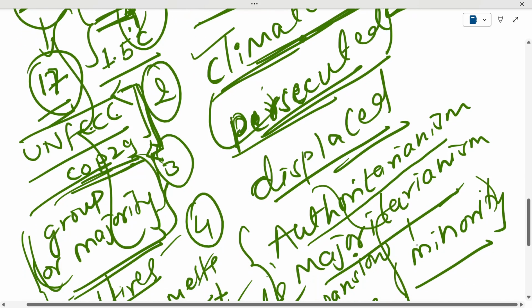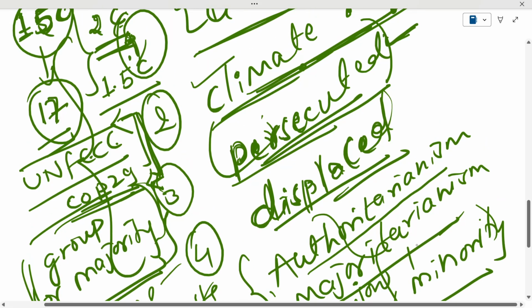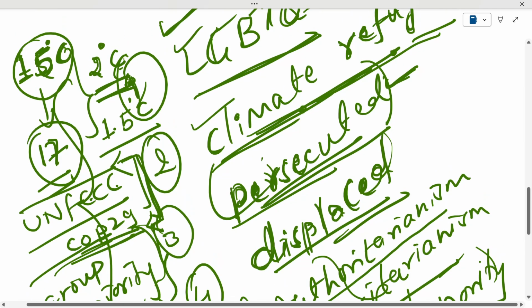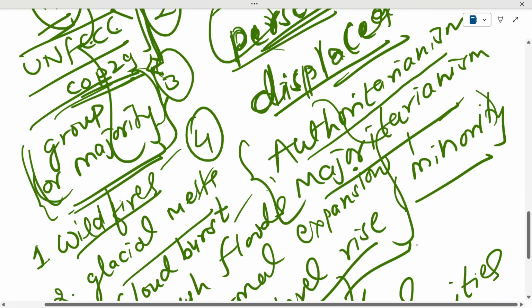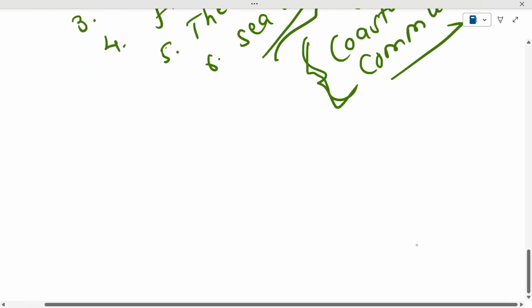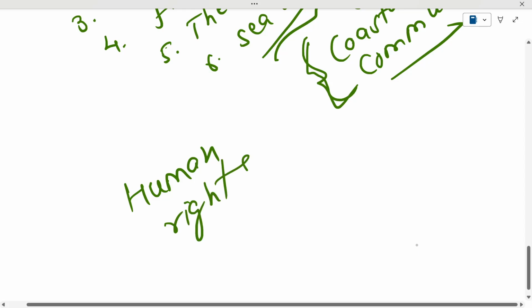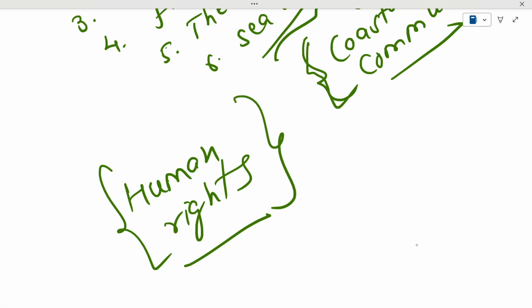And finally, the people who are displaced for any other reason, including the ones I mentioned here, all such a new category of people are also looking for their claim settlement or entitlement by citing human rights.